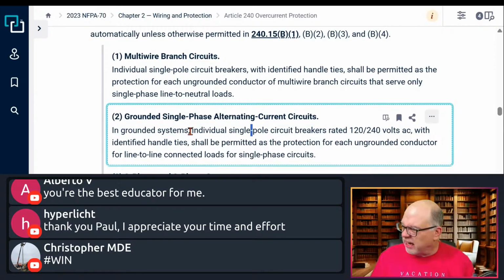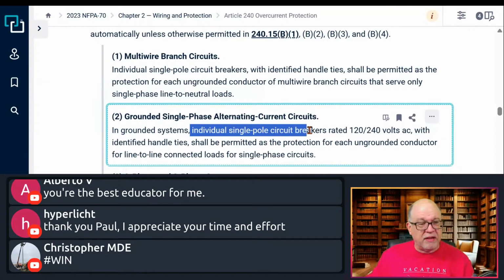This isn't really having to do with multiwire branch circuits, but this is where I can have two single poles. As long as the two single poles are rated 120/240 volt individually, they can go together with an identified handle tie, and I could do line-to-line loads on single phase.